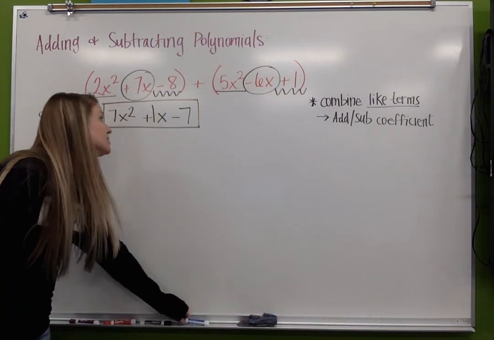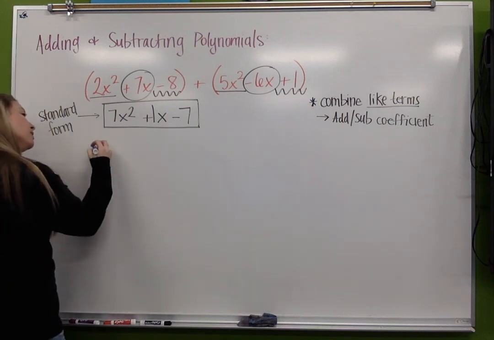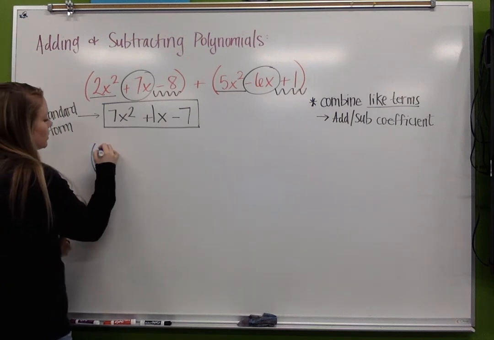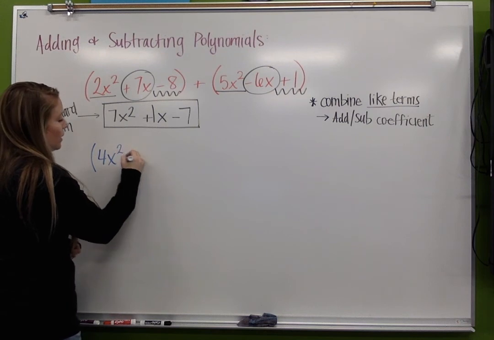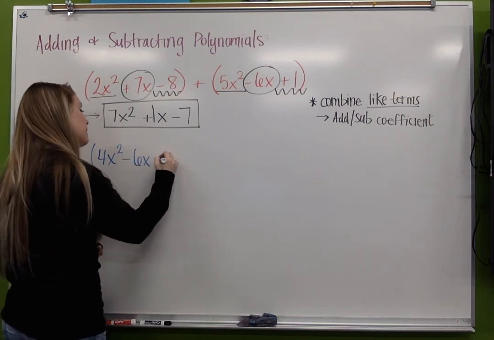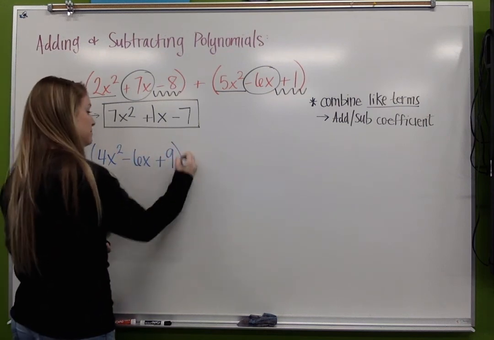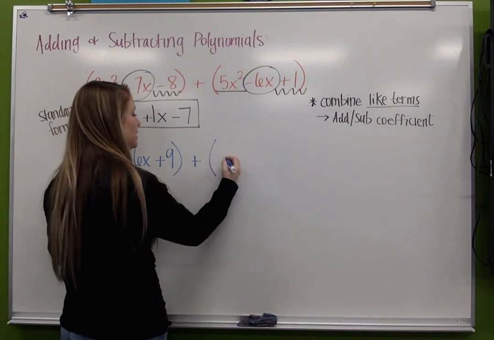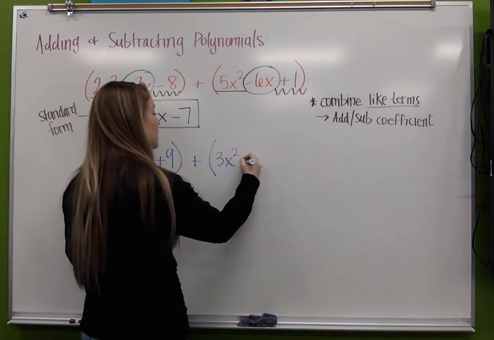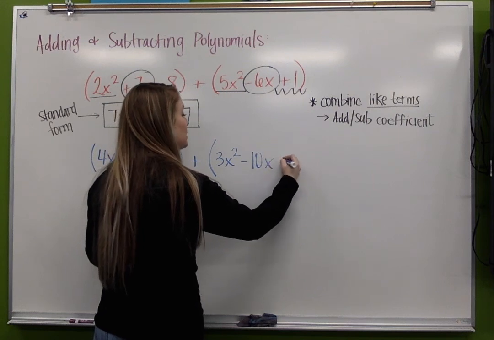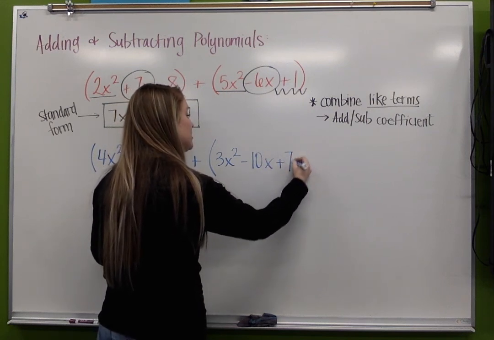Okay, let's try another example. We're going to have 4x squared minus 6x plus 9, and we're going to add that to 3x squared minus 10x plus 7.